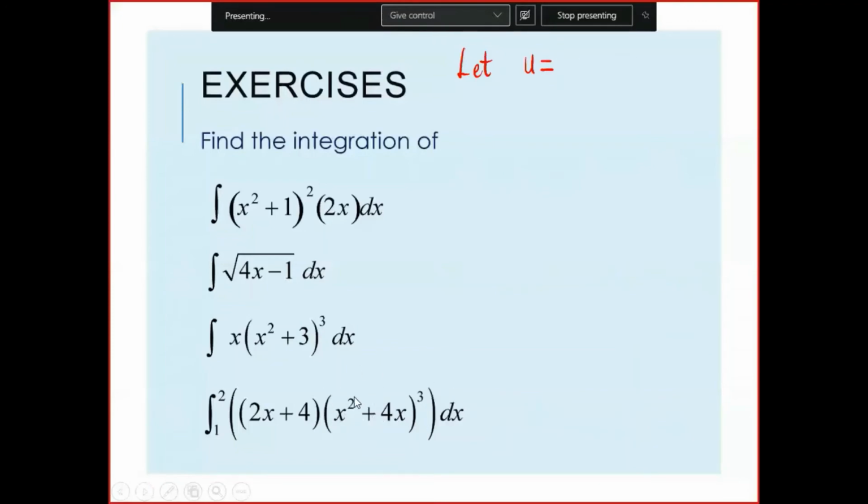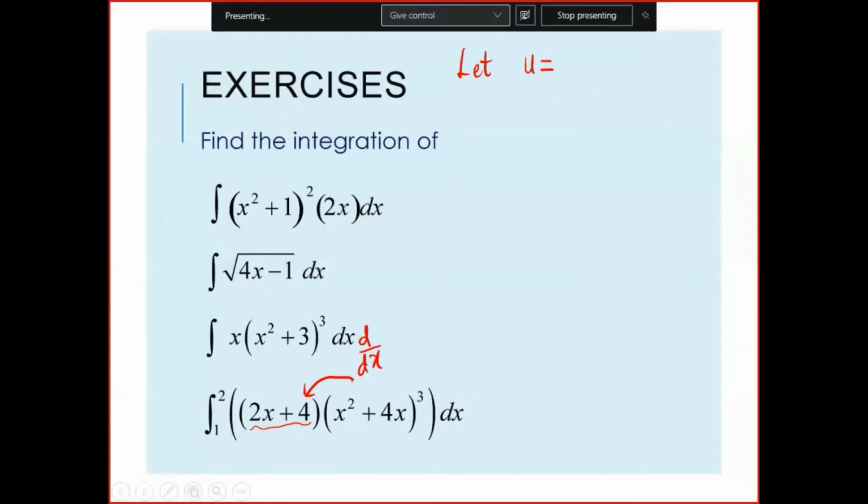Now, actually, if you observe, when we differentiate this one, we can get this, right? All right, we differentiate this one, we get 2x. Differentiate this one, we get 4.